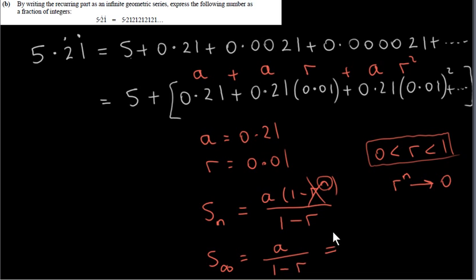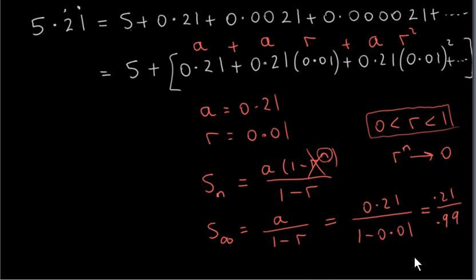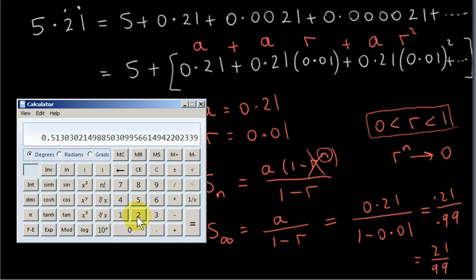We just drop that term. a is 0.21, r is 0.01. So we have 1 minus 0.01, so we have 0.21 divided by 0.99. So that's 21 over 99. Of course, if you want to check this, you can go to your calculator, take 21 and divide by 99.